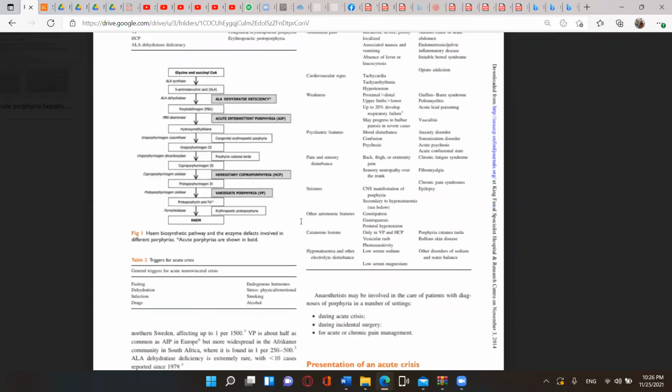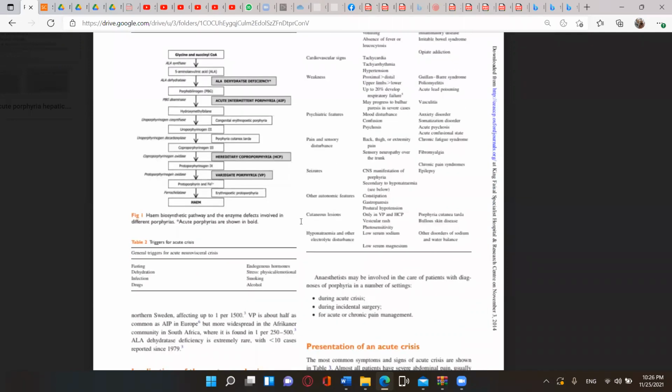Okay, so a more important thing is this point which we discussed: if someone asks you what is porphyria, it is a problem in the heme synthesis, and there is a problem in the enzyme. This enzyme, if you forget, so there is accumulation of porphobilinogen. Okay, and triggers, this is another question which they will ask you: fasting, dehydration, infection, and different drugs.